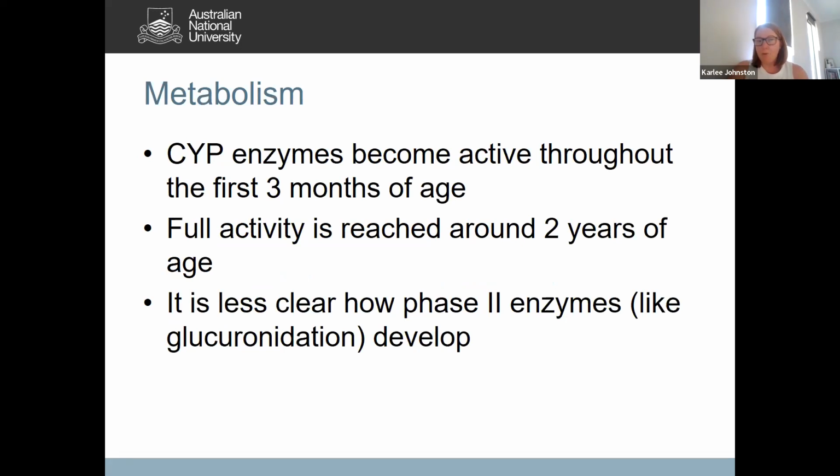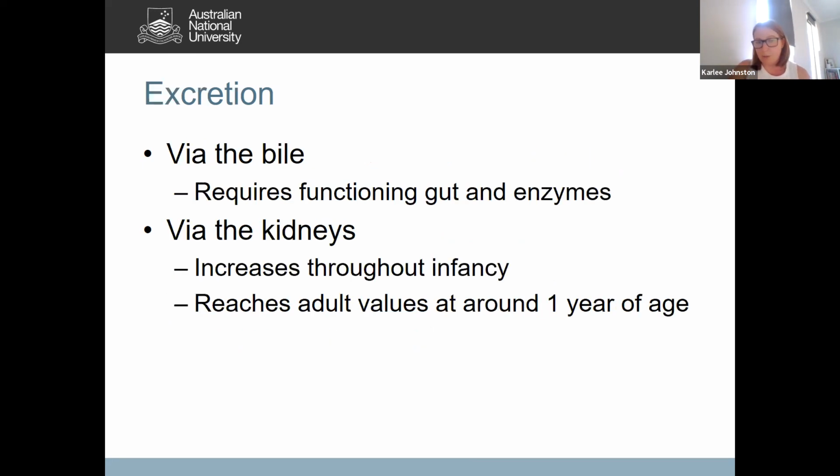CYP enzymes become more active from when you're born through the first 3 months of life. And then around 2 years of age, children have the same or very similar CYP activity to adults. And we're not super sure what happens to phase 2 metabolism. CYP enzymes, of course, are phase 1, but we're not super sure how the phase 2 enzymes really change as children develop.